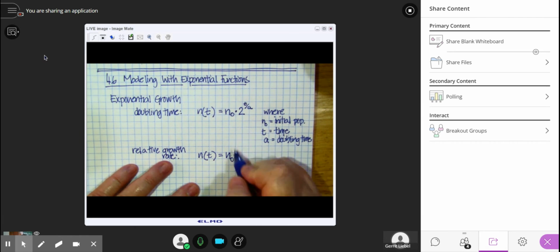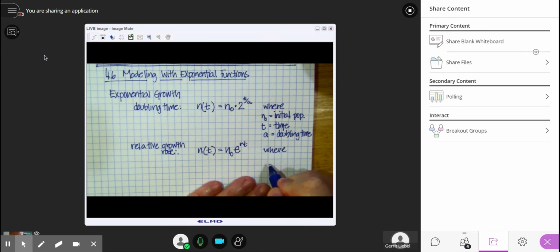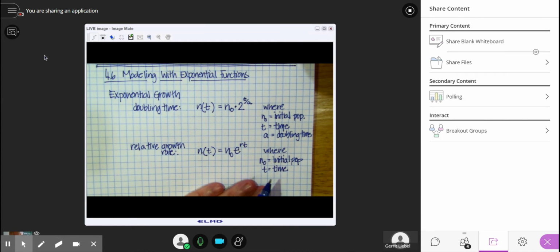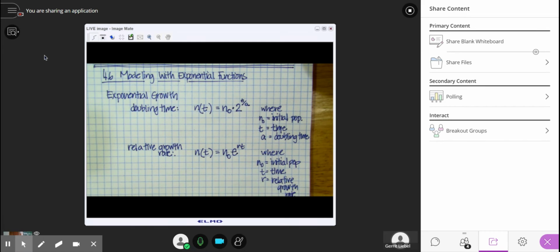Because it's not a specific base, we use the natural log here, e to the rt. Where n sub 0 is again our initial population. T is our time. Again, any unit of measurement. And R is our relative growth rate.